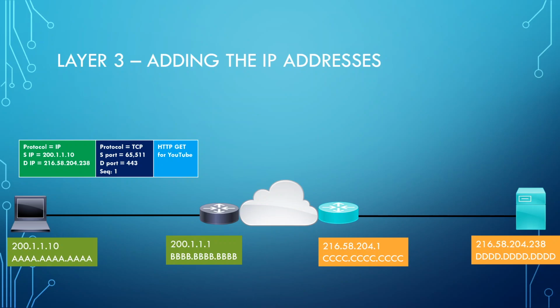So in this case, it defines the source IP address as being 200.1.1.10, the IP address of Bob's computer. It defines the destination IP address as being 216.58.204.238, the ultimate destination, the IP address of that server holding the YouTube website. And it's important to know that the IP header is added on after the TCP header. So essentially, we have our data, we then add on a TCP header, then we add on an IP header.